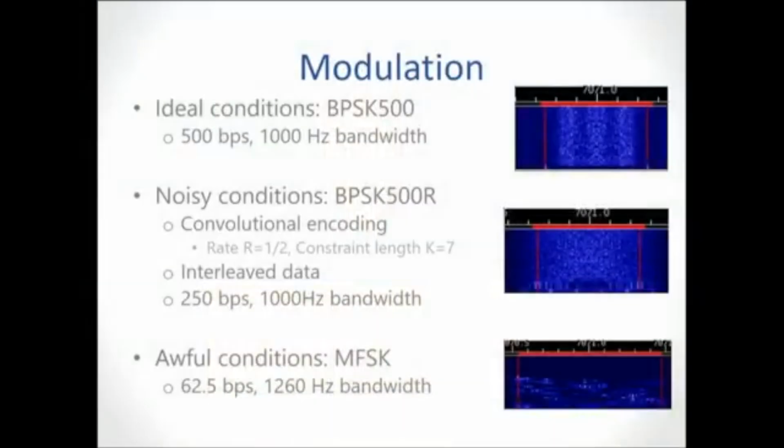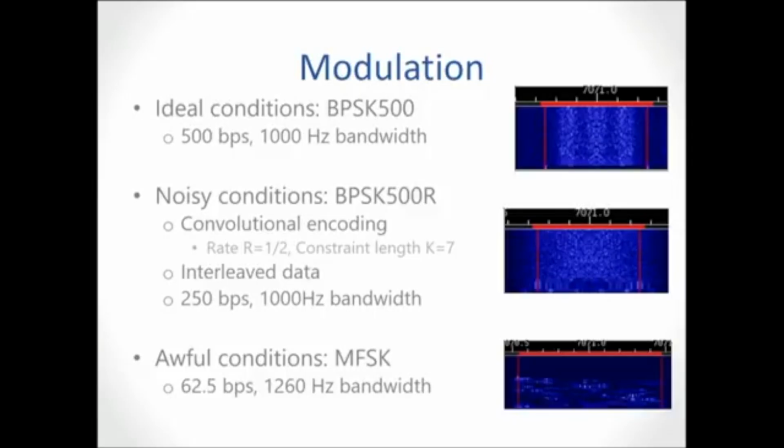For our work we chose to focus on binary phase shift keying. Most people here are probably familiar with amplitude modulation and frequency modulation because of AM, FM radio. Phase is the third thing that you can modulate, and it works well with digital data.